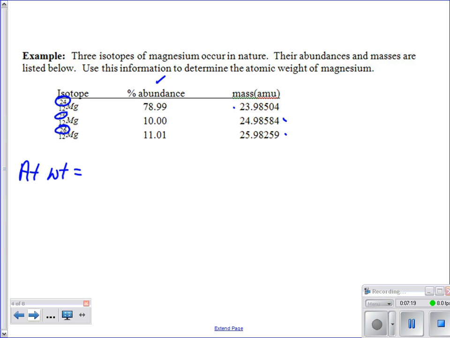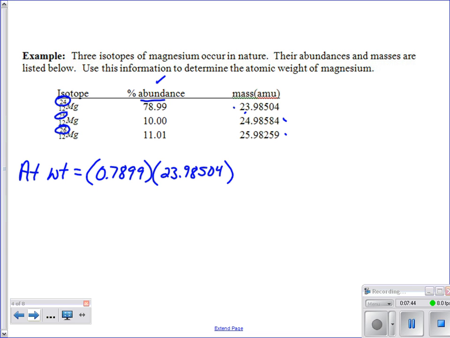So now when I go through this math, all I'm going to do is take my percent abundance, but not in a percent form. I'm going to put it into a fraction or a decimal. So it becomes 0.7899 times my mass. And my mass is 23.98504. Well, remember our big sigma?